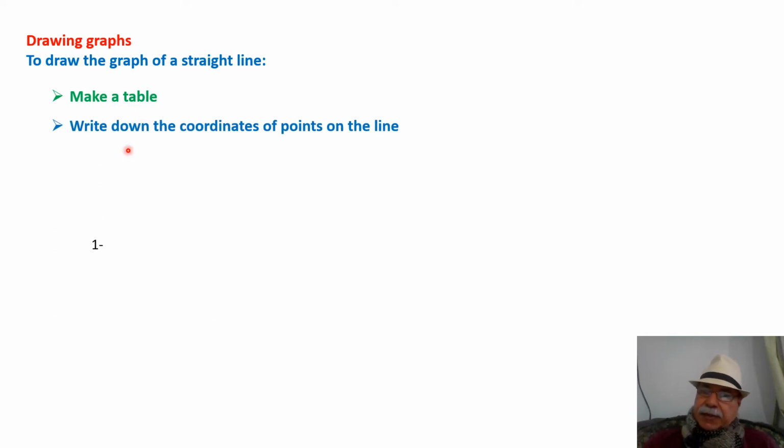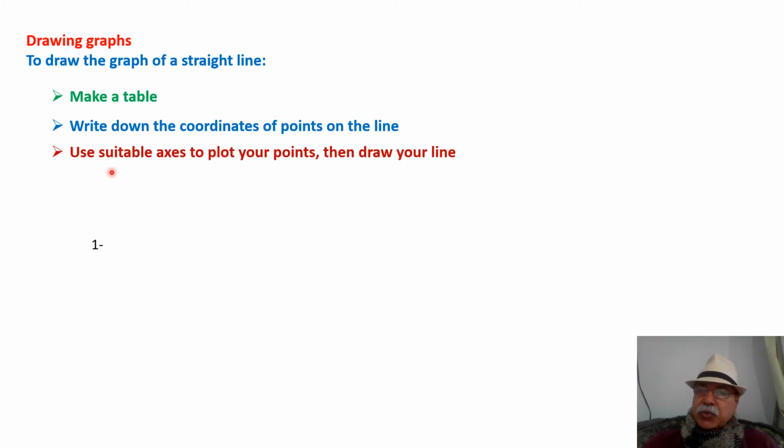Second, write down the coordinates of the points on this line، نقط الإحداثيات على الخط. هذه النقط تعطى لنا بالسؤال أو نقوم إحنا بتحويلها. Sometimes he gives me the coordinates in the question, or sometimes I put them in the table.